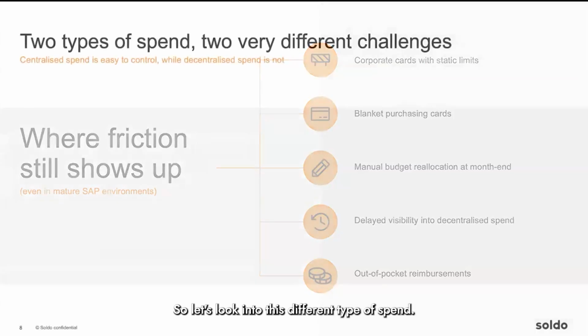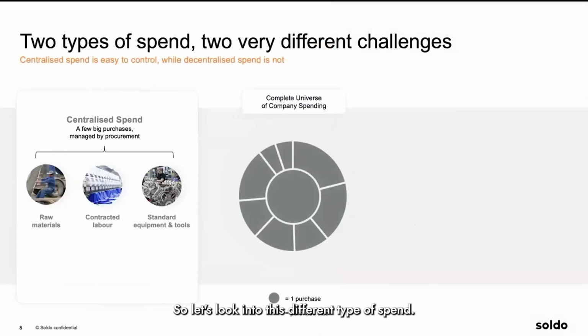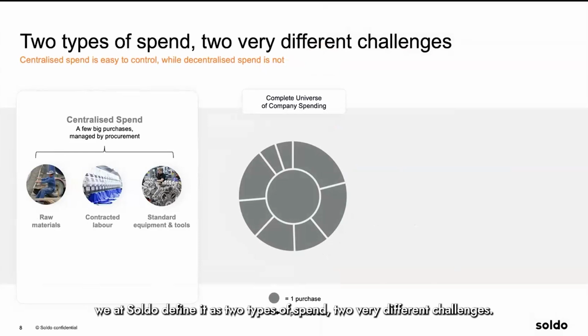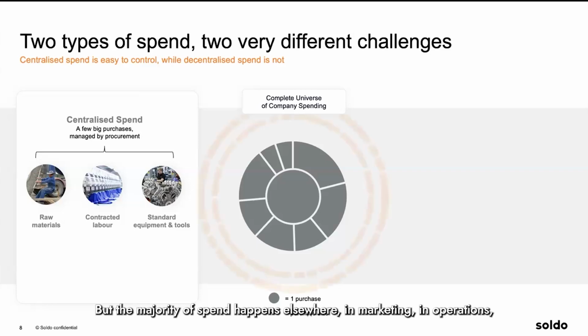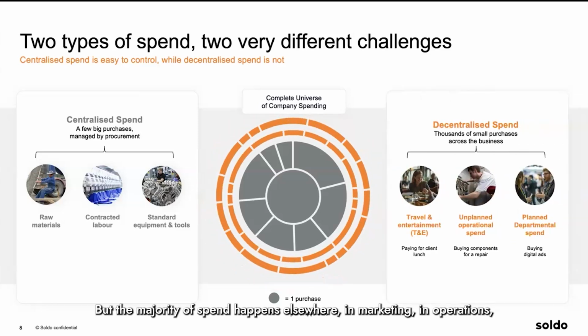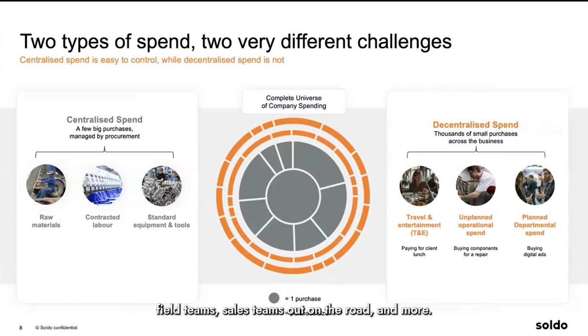So let's look into this different type of spend. We at Soldo define it as two types of spend, two very different challenges. So the problem that we solve today, finance teams are great at managing centralized procurement, but the majority of spend happens elsewhere, in marketing, in operations, field teams, sales teams out on the road, and more.